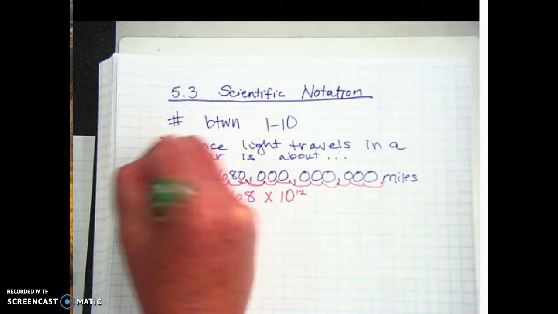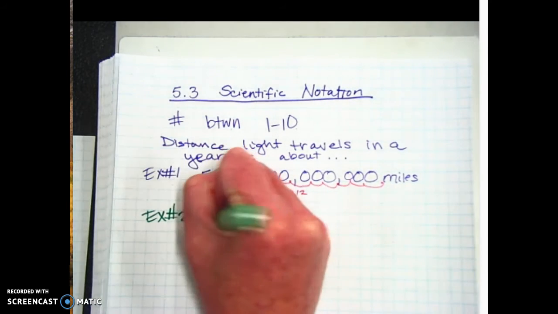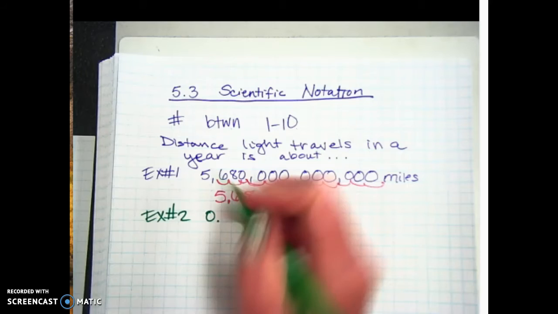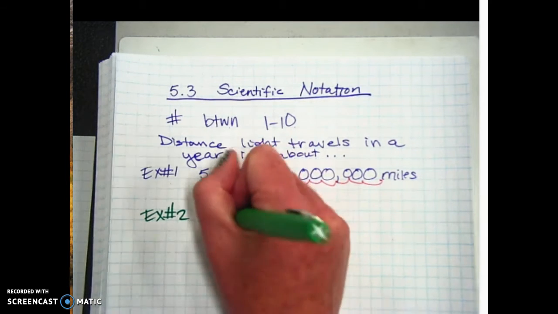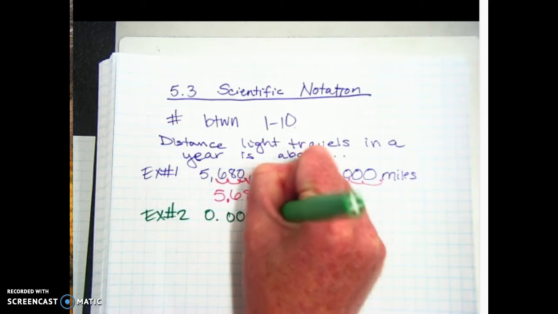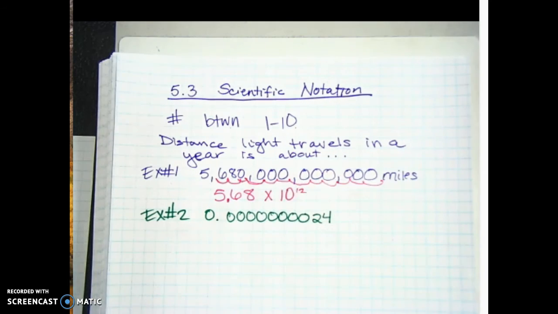All right. Example number 2 is going to be a teeny tiny number. 0 point followed by 1, 2, 3, 4, 5, 6, 7, 8, and 1, 2, 3, 4, 5, 6, 7, 8.